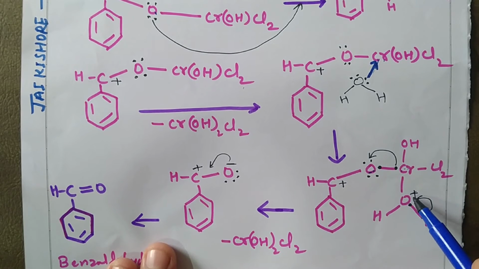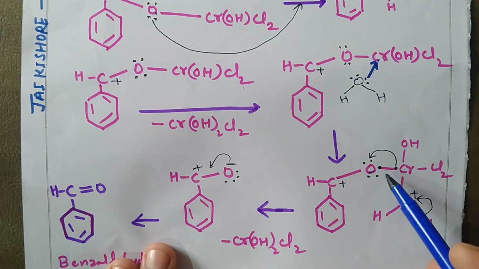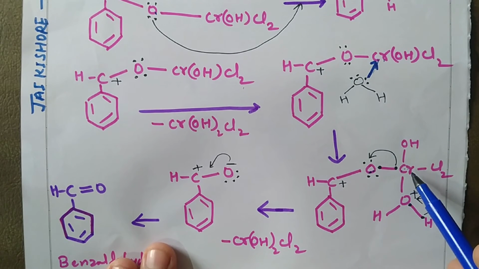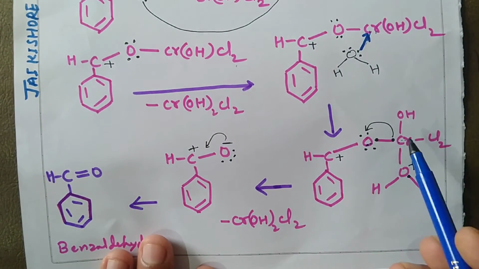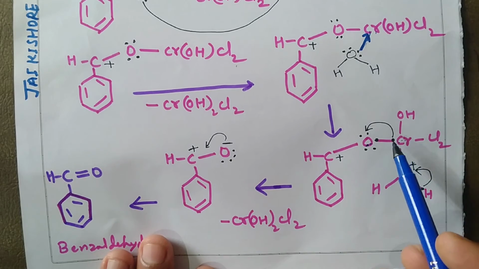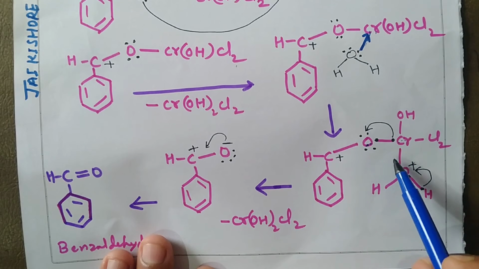As a result, oxygen becomes neutral. Now, compare the electronegativity of oxygen and chromium. Which one is more electronegative? Of course, oxygen is more electronegative. So these electrons are taken by oxygen and this bond breaks.